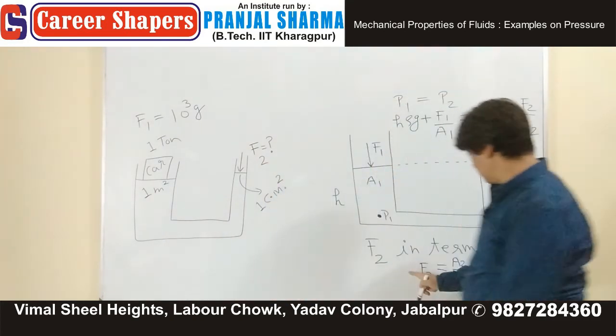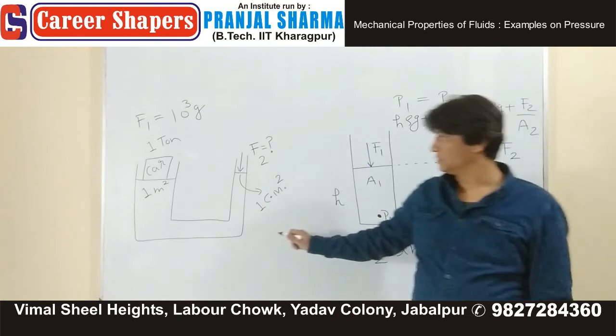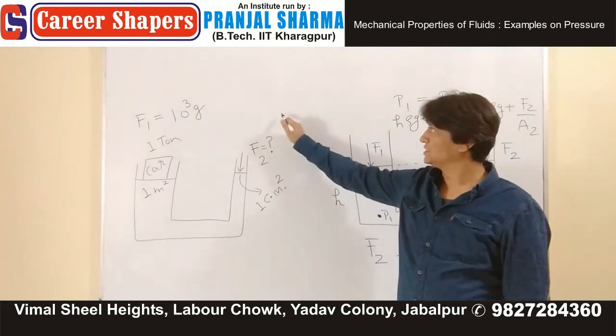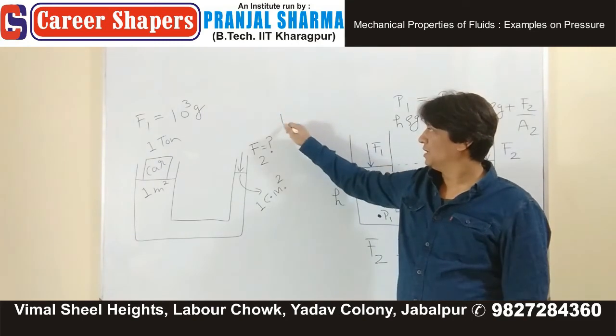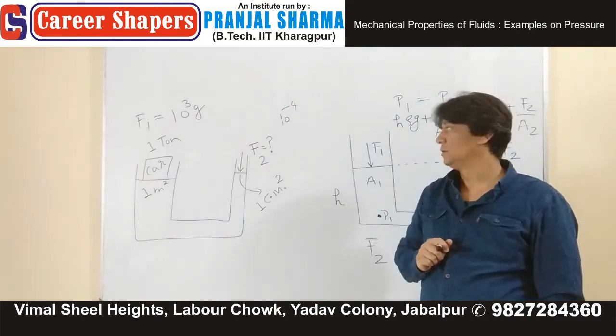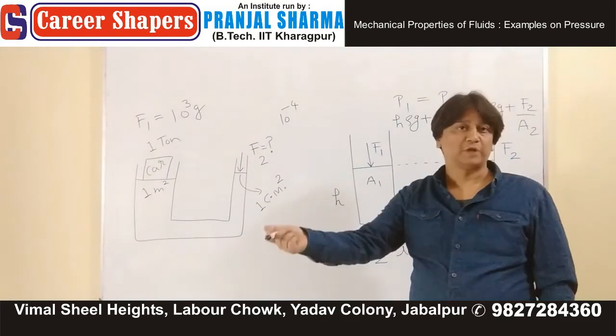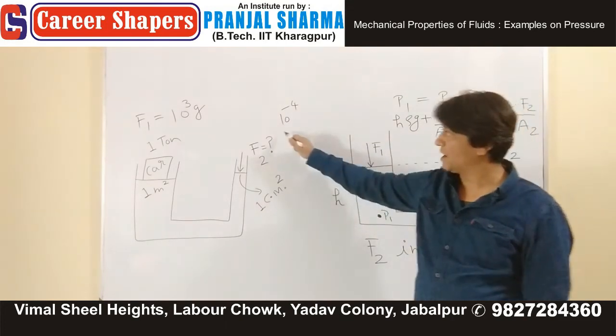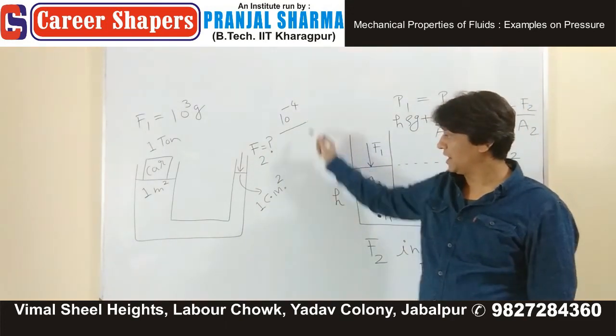What is F2? A2 upon A1. A2, 1 centimeter square is 10 to the power minus 4. Centimeter into centimeter, 10 to the power minus 2 into 10 to the power minus 2 divided by A1.